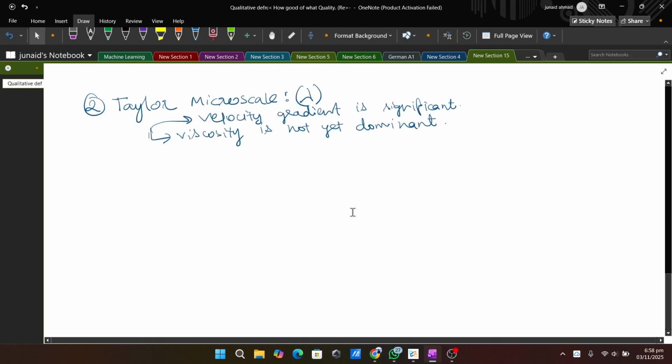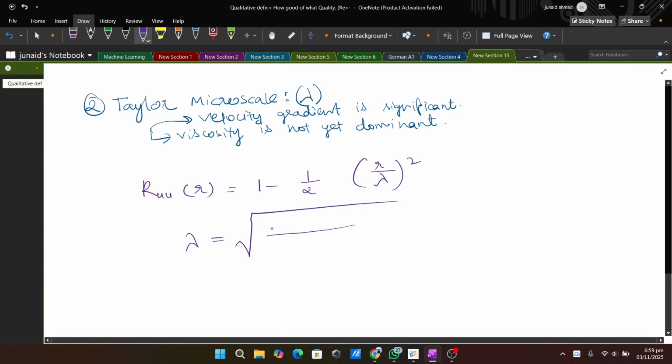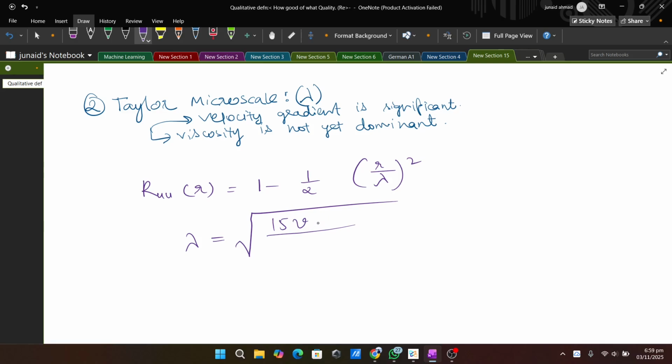So mathematically, how can I define this? R_uu(r) is equal to 1 minus half (r over lambda) whole squared. In this case, lambda is equal to the square root of 15 nu over epsilon.